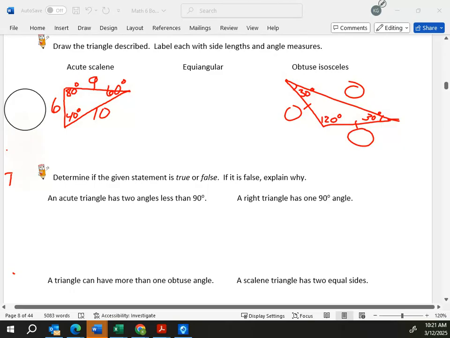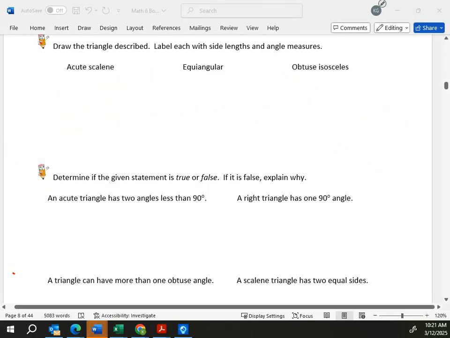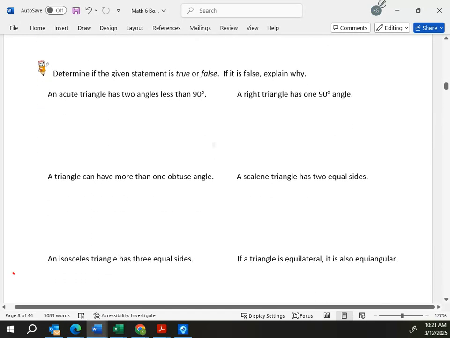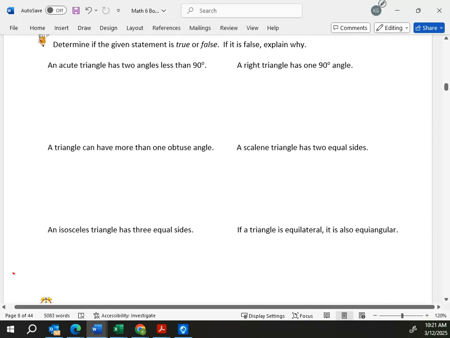Let's look at our next part. Determine if the given statement is true or false. If it is false, why? So, an acute triangle has two angles less than 90 degrees. True or false? Maddie?